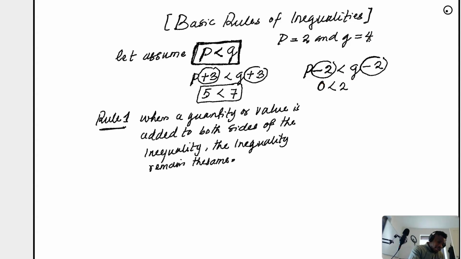You can see 0 is still less than 2, which is true. So it simply means that when a quantity or value is added or subtracted on both sides, the inequality remains the same. So this is what we call the addition and the subtraction rule.